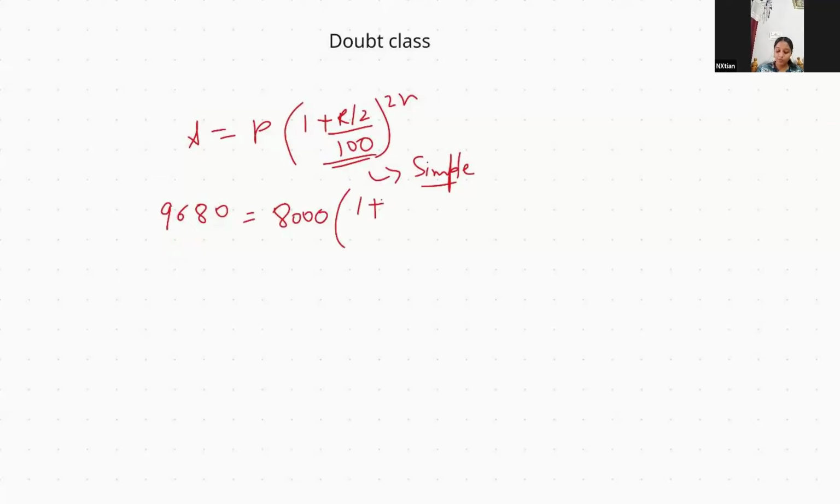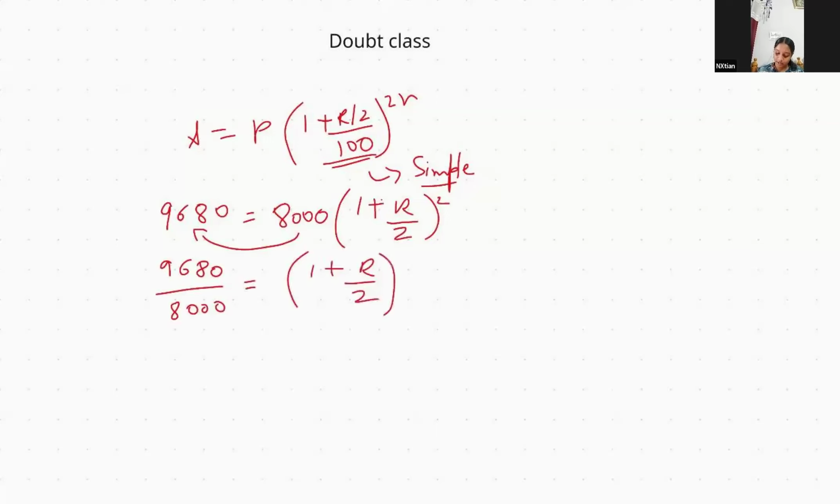R by 2 because R we don't know, raised to the power 2. So then we took this 8,000 here. That is 9680 by 8,000 we did equals 1 plus R by 2 raised to the power 2.